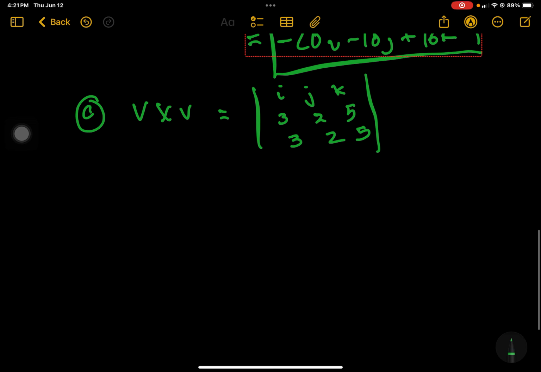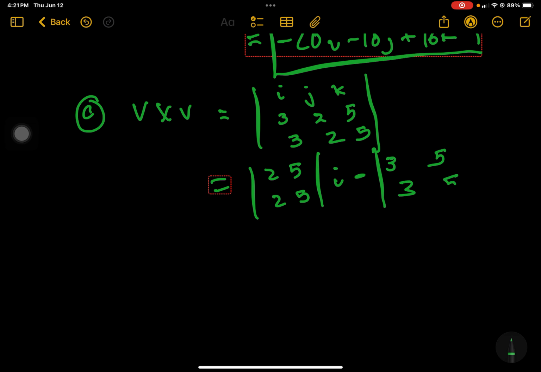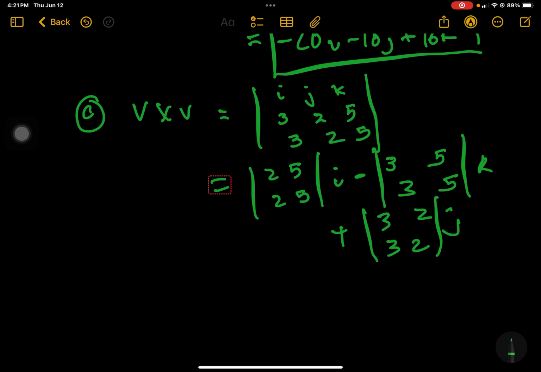This will be eliminating the first row and first column: 2, 5, 2, 5, I. Minus first row and second column: 3, 5 and 3, 5, that is the J component. Plus first row, third column: 3, 2 and 3, 2, K.